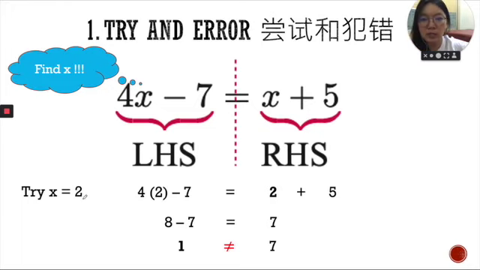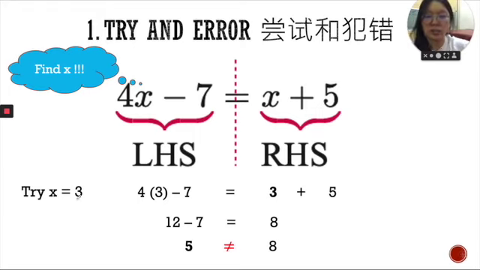Let's try x equals to 2. So I put x equals to 2 inside left hand side. I'll have 4 times 2 equals to 8. Negative 7, put down. 8 minus 7, I'll have 1. On the right hand side, x equals to 2. 2 plus 5 equals to 7. And 1 is not equal to 7. Therefore, x is not equal to 2.